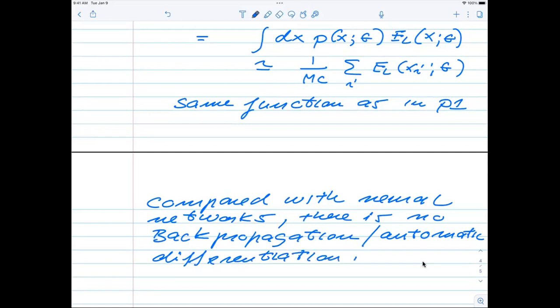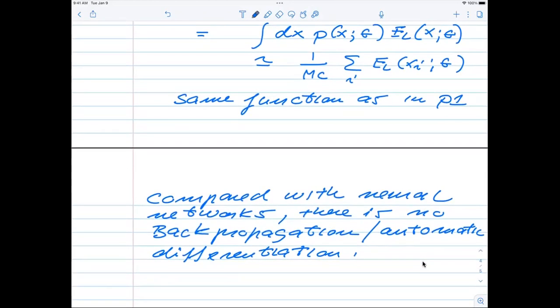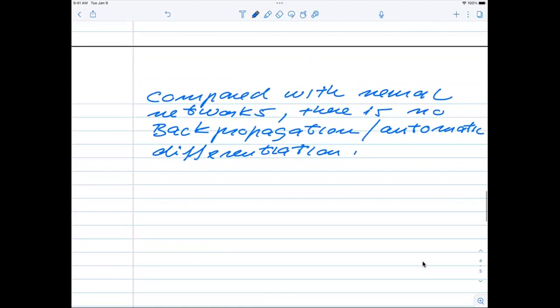Okay, so the quantity which we now are going to optimize is the quantity which you have seen before. So let me just bring up my notes here so I have them clear in front of me. The quantity which we want to optimize now is the gradient of the energy.